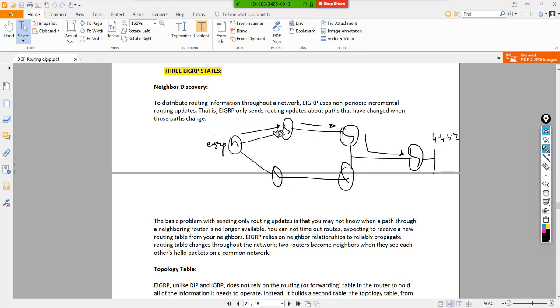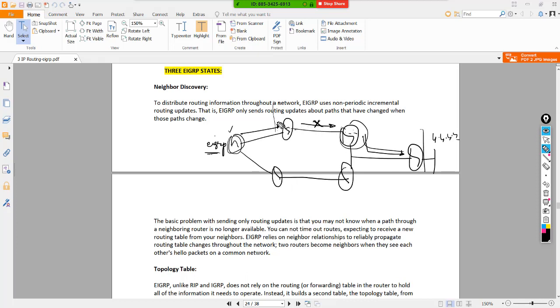Let's say this goes down for some reason. How is EIGRP going to know that there is one router in transit which has stopped working? Whatever happens is not going to be shared with this router. It's just between the two neighbors. Whatever topology change there is, it's not visible to this router, because that's how EIGRP works.